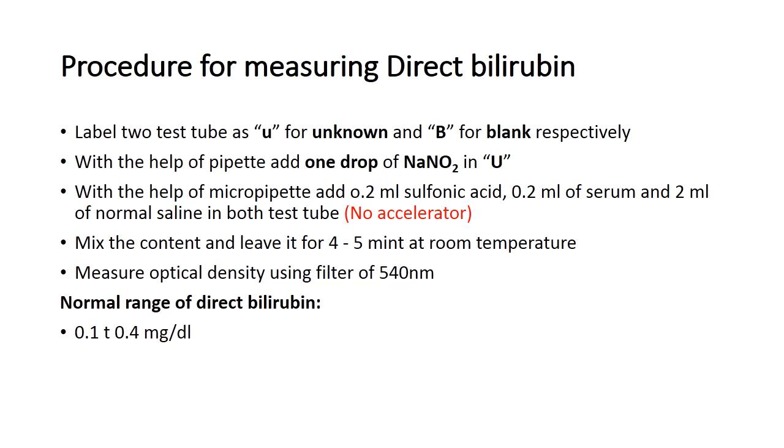Accelerator is not used. Mix the content and leave it for 4 to 5 minutes at room temperature. Now measure the optical density using filter paper of 540 nanometer. Normal range of direct bilirubin is from 0.1 to 0.4 milligram per deciliter.